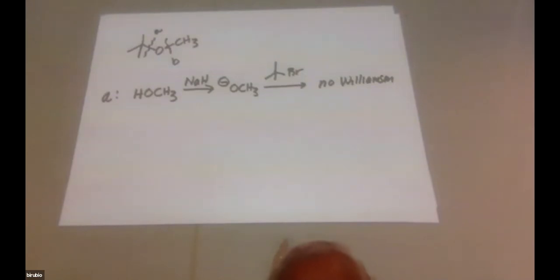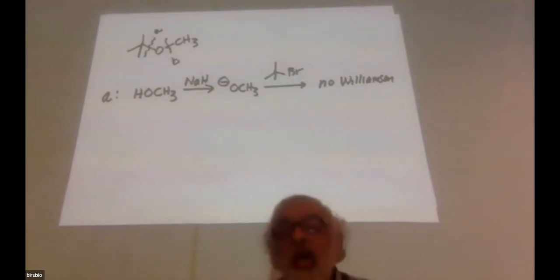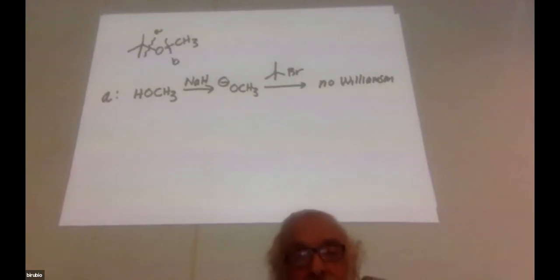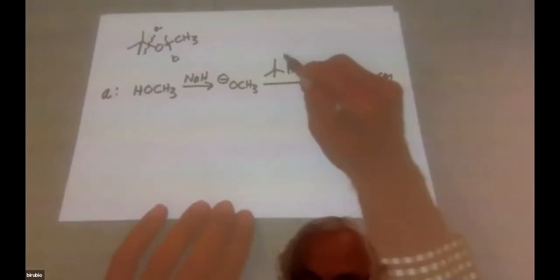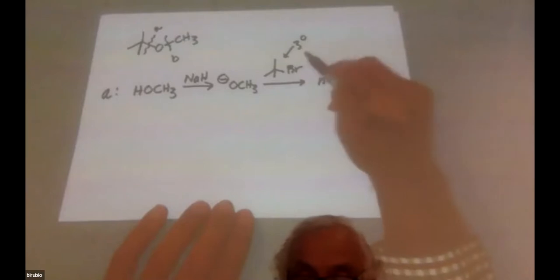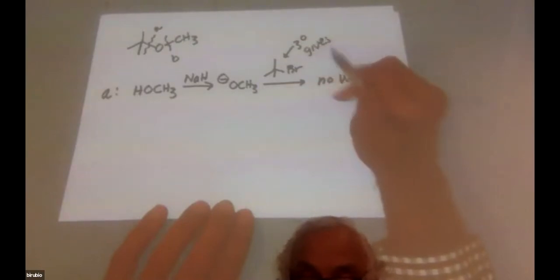Yeah, the substrate is tertiary, right? And so our restriction on the alkyl halide is that it must be primary, right? So this guy here was tertiary. It's going to give elimination.